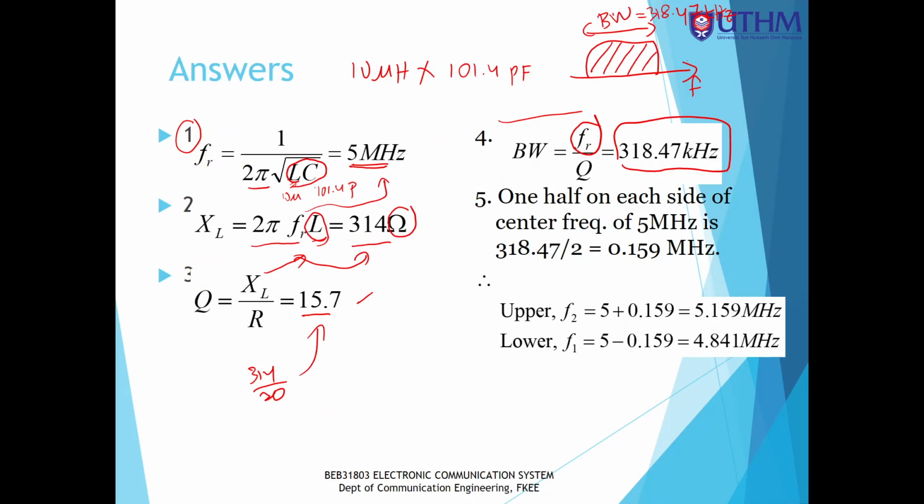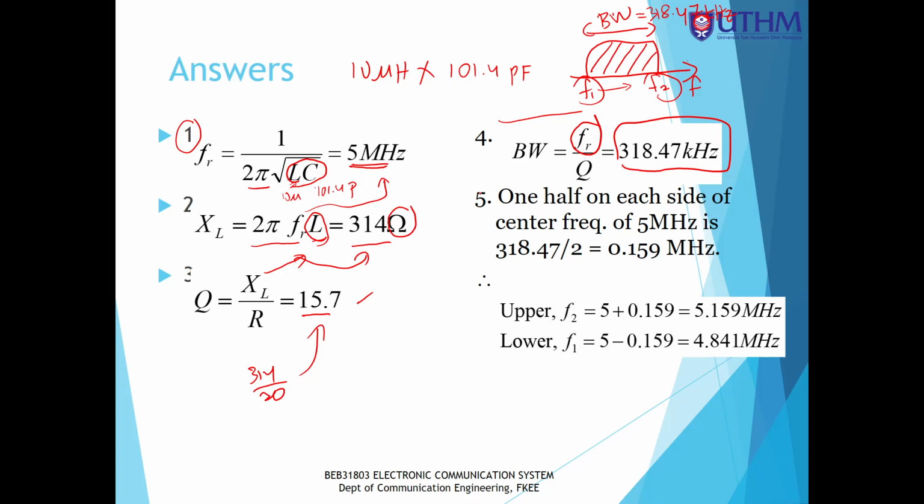Okay, so that means the question asks, how much is this one, F lower, F1, and the highest frequency, F2? We know the difference here is 318.47, but we want to know how much is F2 and how much is F1. What is the upper and lower?